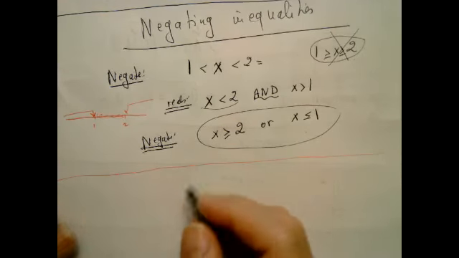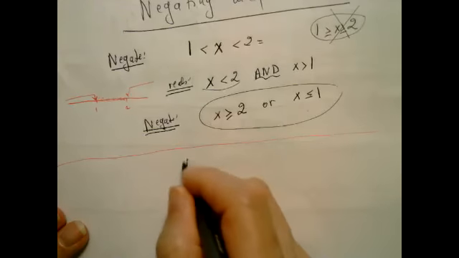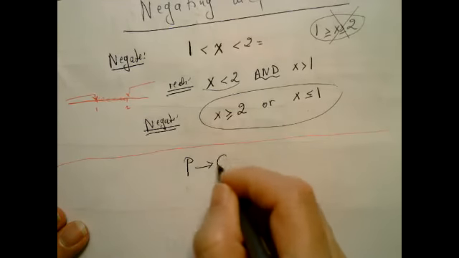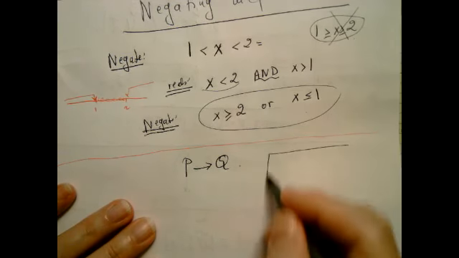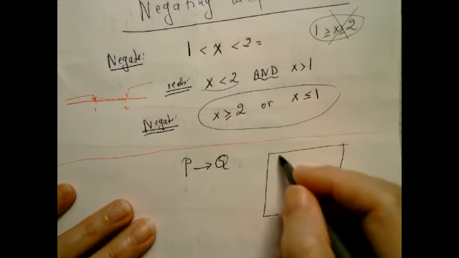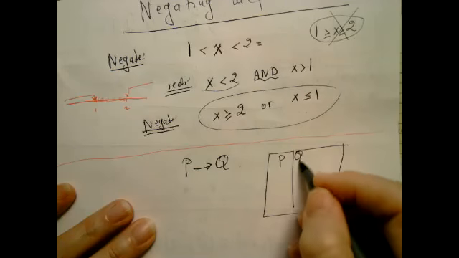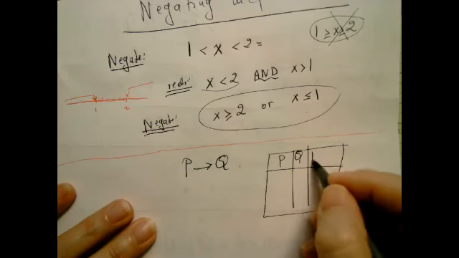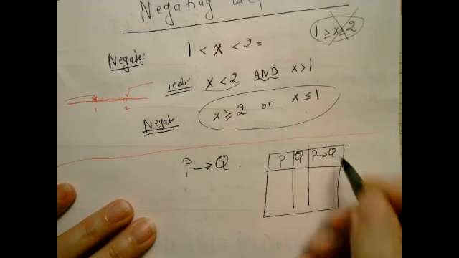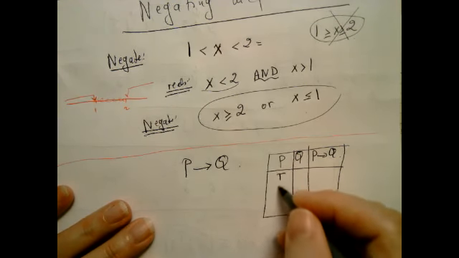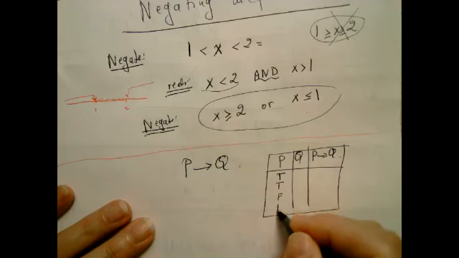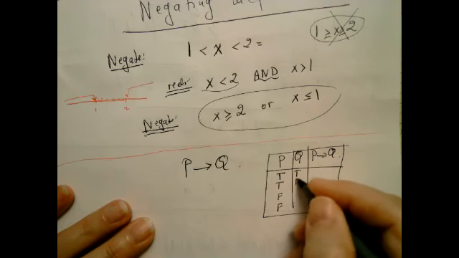So negating conditional, the truth table is if P then Q. Okay, now let's see that's the truth table. P, Q, if P then Q. Okay, and when a conditional statement is false, usually it's easy to know when it is false because it's false in only one scenario.